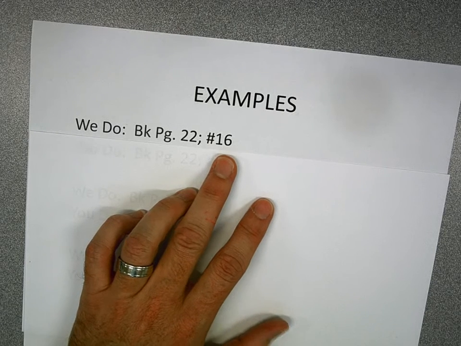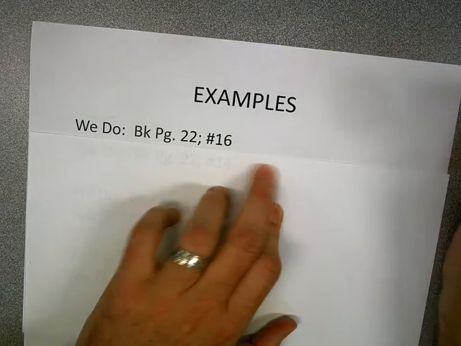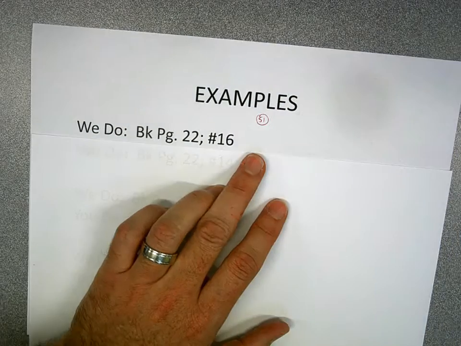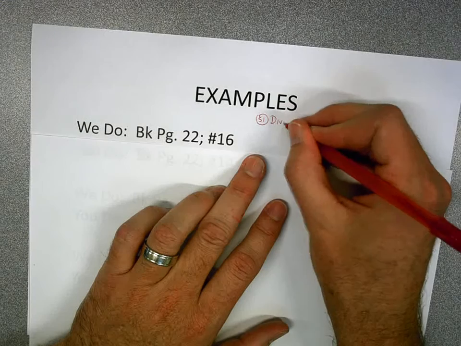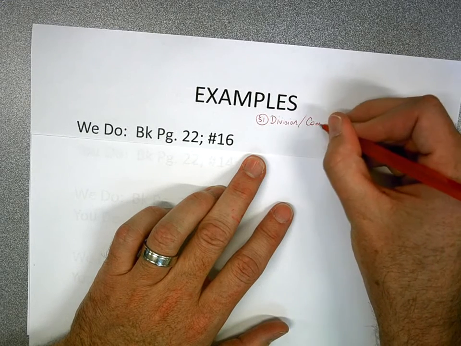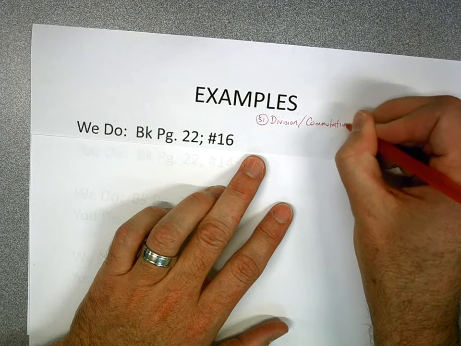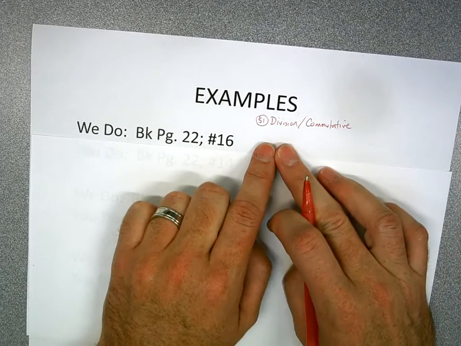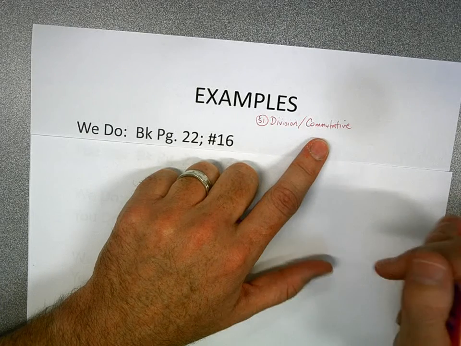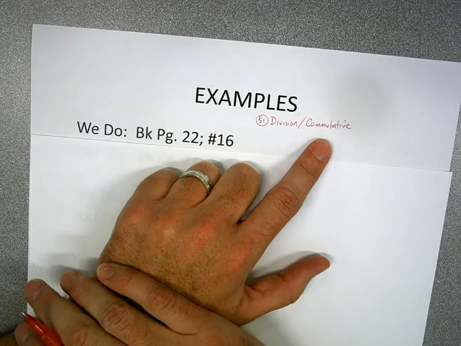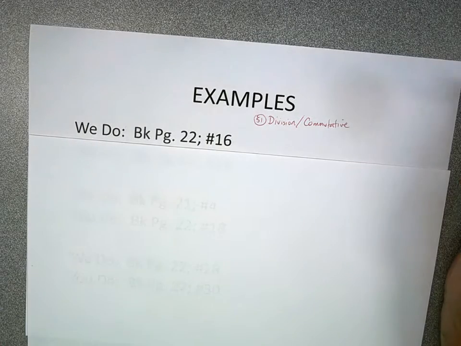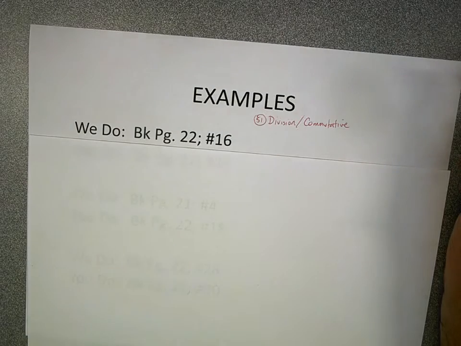So the first thing you probably want to do is take a look at some of your key words in there. It's talking about, of course, division, and it's talking about the commutative property. Hopefully all of you know what division is, right? But if you don't remember what commutative is, then use that chart. Commutative property means that 4 plus 6 is the same as 6 plus 4, right?